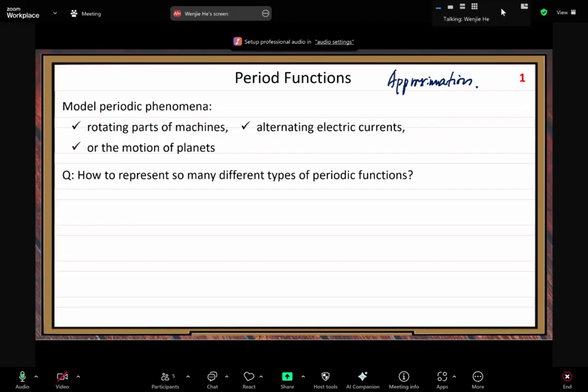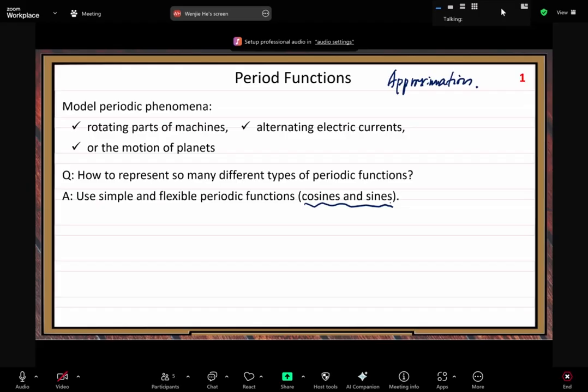Second, we want our representation to support a lot of operations, to be powerful. A good example is sine and cosine. They are simple, nice functions, and also powerful, because we can take derivatives of any order of sine and cosine functions.